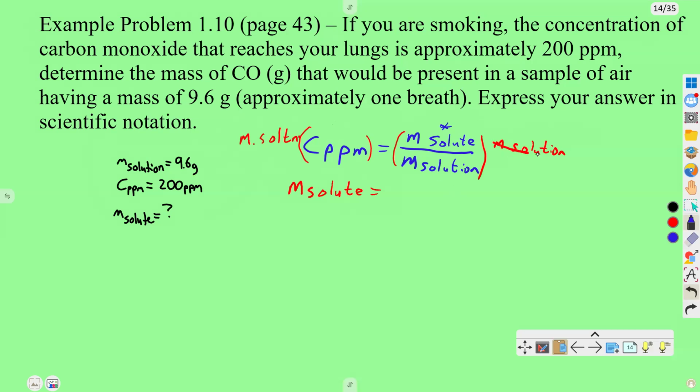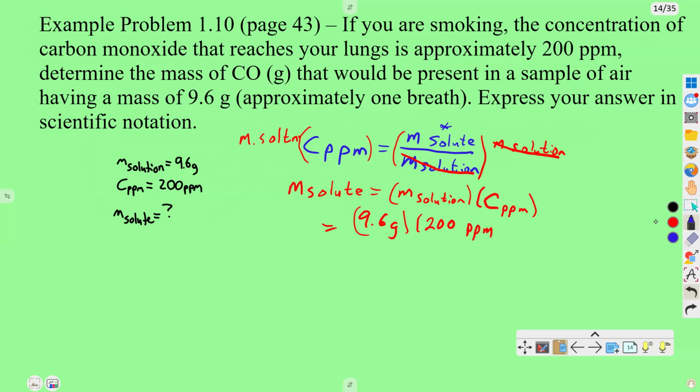So that means this cancels out this, and what we're left with is the mass of the solution multiplied by the concentration in parts per million. So now we'll take our 9.6 grams, which is our mass of solution, and multiply it by 200 parts per million.